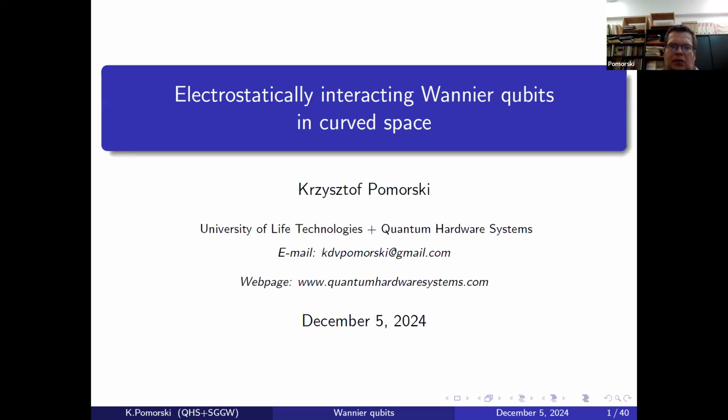This is work that has been under continuation for the last 4 years, associated with the Quantum Hardware Systems company, and right now it's under continuation at the Warsaw University of Life Sciences. All right, so let me move on.